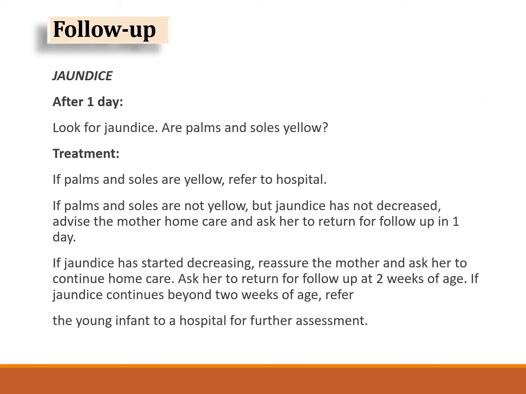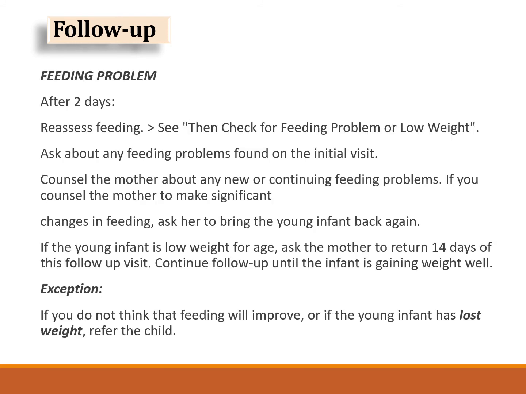If the jaundice has started decreasing, then reassure the mother and ask her to continue home care. Ask her to return to follow up at 2 weeks of age. If the jaundice continues beyond 2 weeks of age, then refer the infant to a hospital for further assessment.